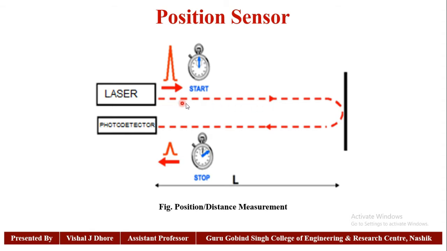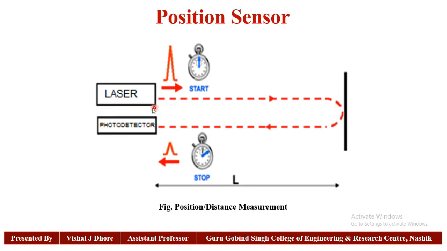After some distance, these laser rays are reflected from the reflector plane at some angles and move in these directions. These reflected laser rays are received by the photo detector.